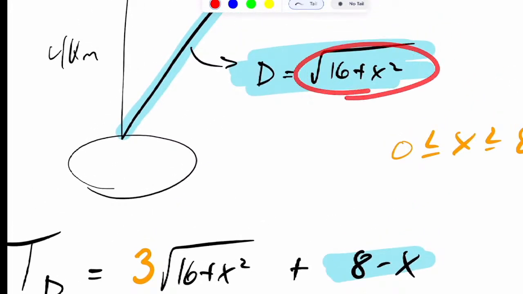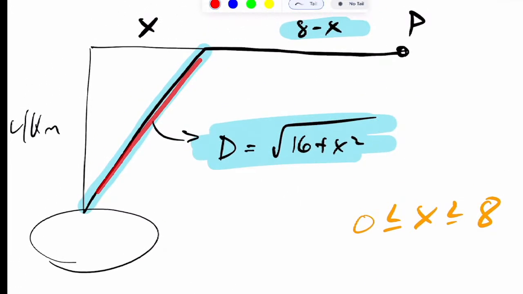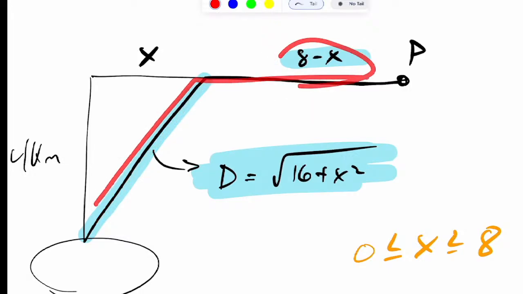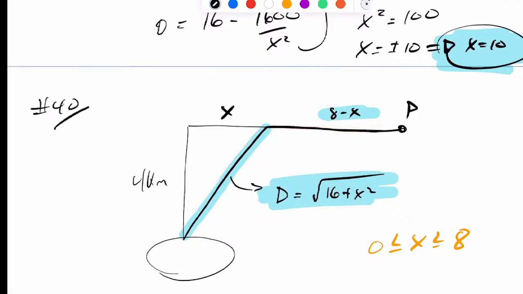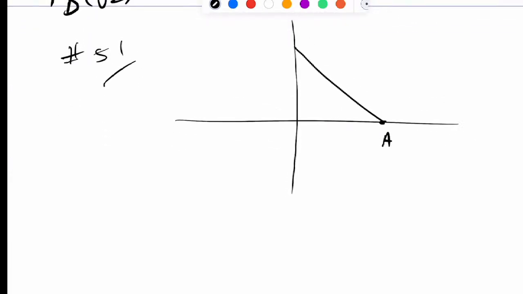If this was my distance, I divide that by 3 kilometers an hour, and it gives me how much time it took to go from here to here. Likewise, take the distance divided by 5 in that case, and that gives me the time. So then you're minimizing time. That's the only adjustment with that question. But I'll go through 51. If that doesn't make sense, I can take a look at it.